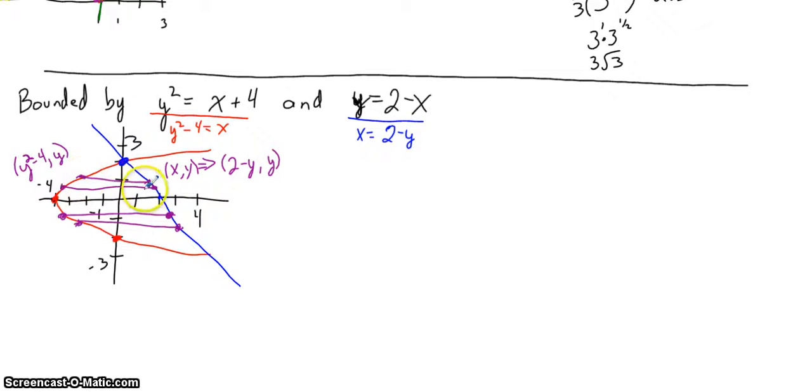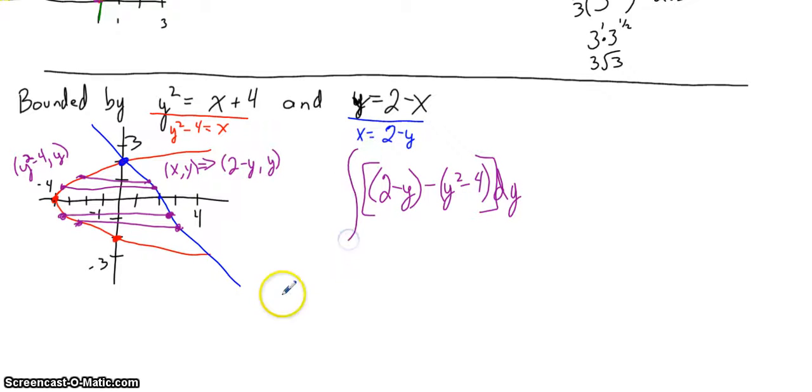So right minus left, large minus small gives us a height: the line minus the parabola. So there's the height of each of those horizontal rectangles times your base. From where to where? Okay, so from what y value? What y value is this down here?